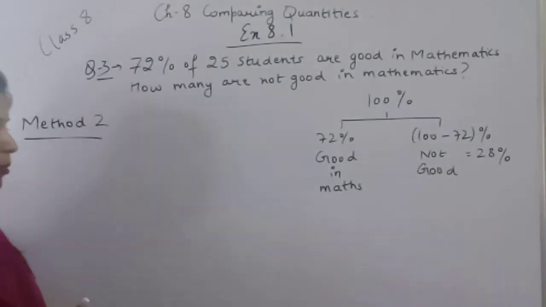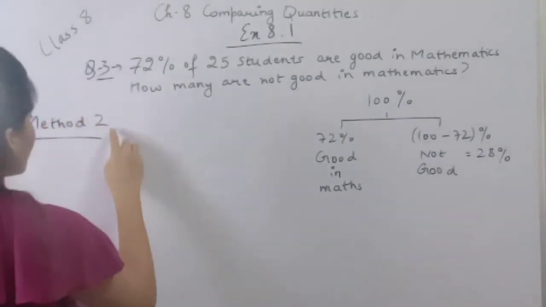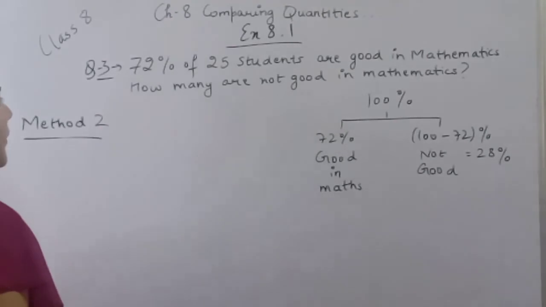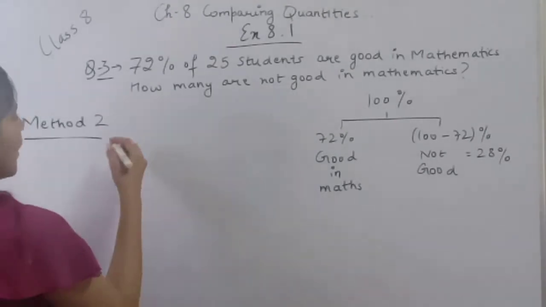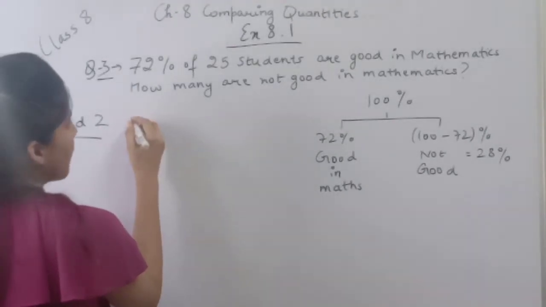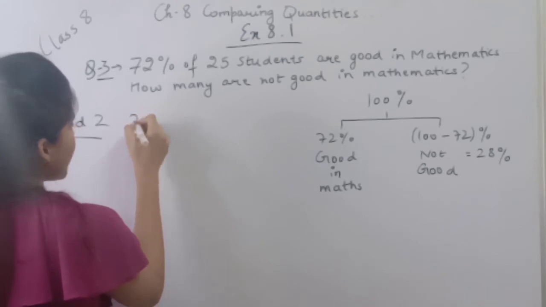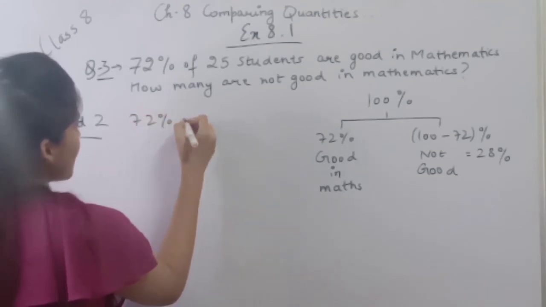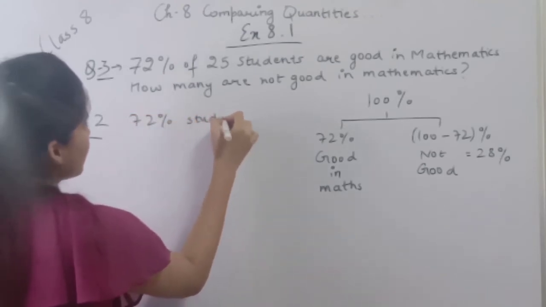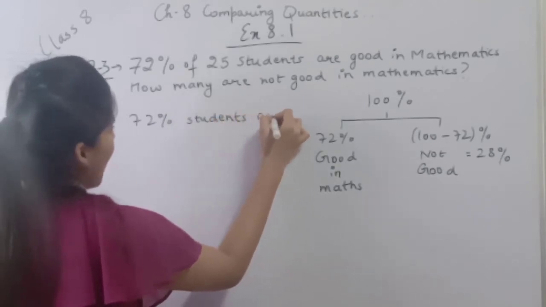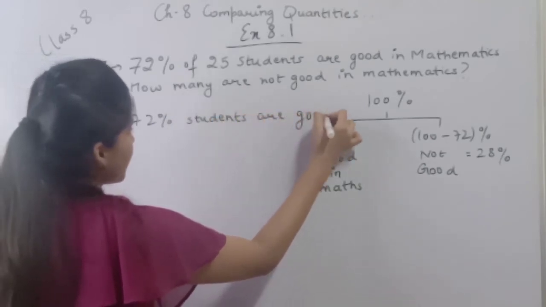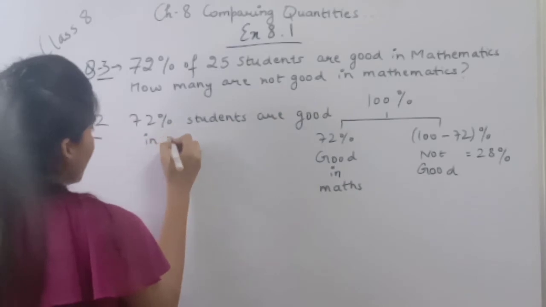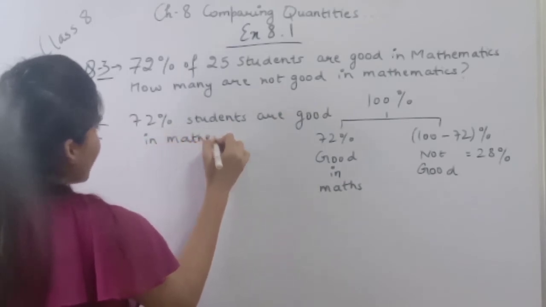Okay, now we know that 28% students are not good in mathematics, and we know that total number of students are 25. So now statement form में how we will write? 72% students are good in mathematics.